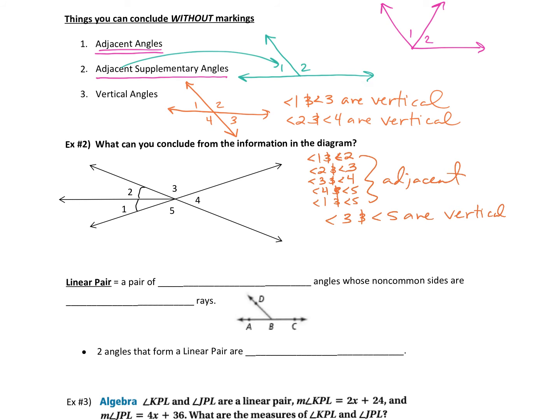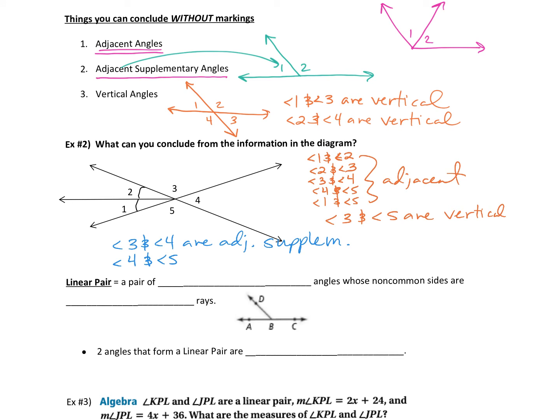Which ones are adjacent supplementary? Angle 3 and angle 4 are adjacent supplementary angles. What other ones? 4 and 5, right? As long as they make a straight line, we know that to be true.